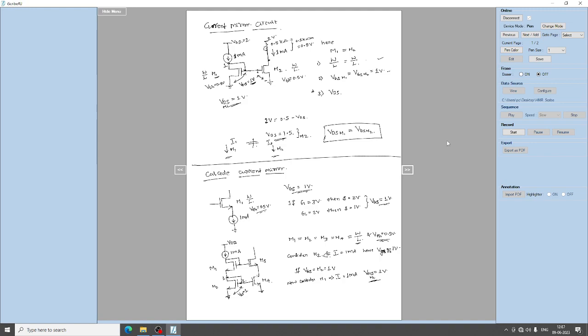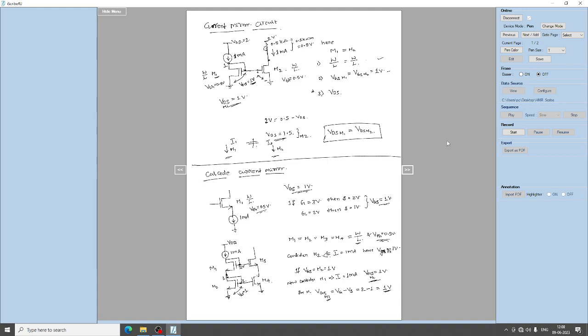Which means the source of M1 is at 1 volt, so obviously the gate of M1 will be at 2 volt. For M1, VGS, which is VG minus VS, has the gate at 2 volt and the source at 1 volt, which is connected to the drain of M2. So VGS of transistor M1 is 1 volt because 1 milliamp is flowing through it.